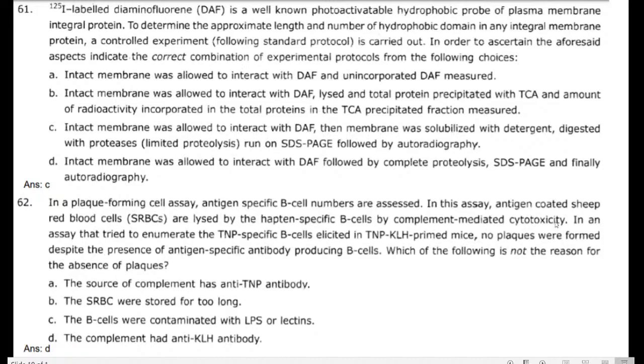In an assay to enumerate the TNP specific B cells elicited in TNP-KLH primed cells, plaques were not formed despite the presence of antigen specific B cells. Which of the following is not a reason for absence of plaque? One reason is the presence of anti-KLH antibody; if it is present, no plaque forms in the cell. Just read the question and then answer.